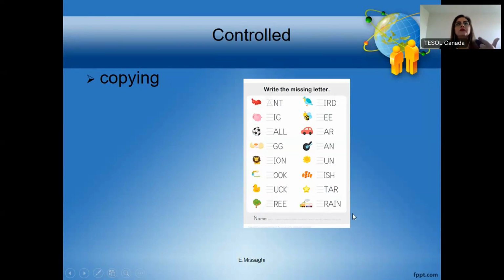For very young learners, in the first term, if they want to learn writing, they need to learn letters. They need to learn how to write letters. They need to learn the alphabet.